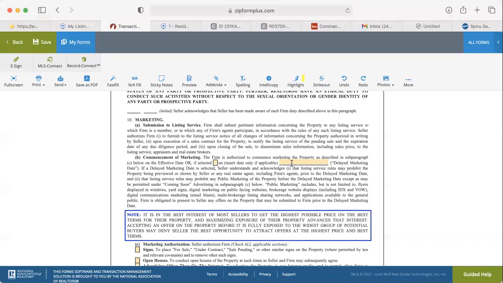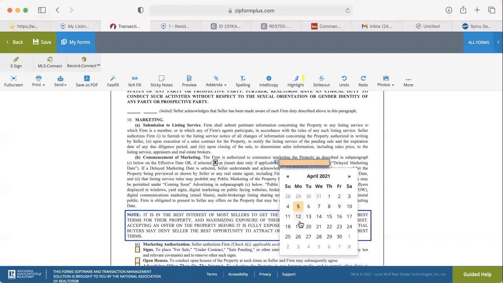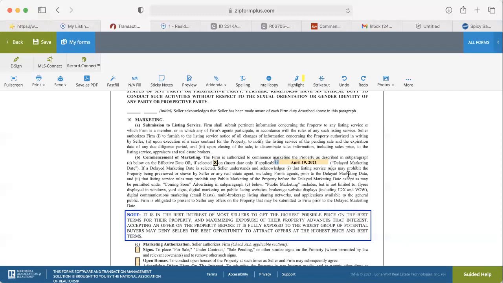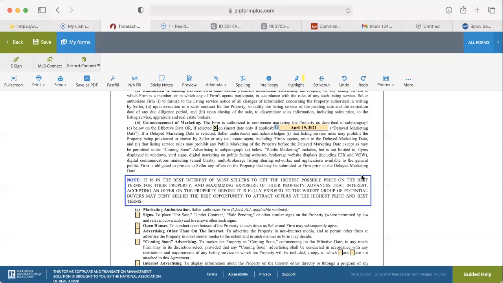Let's say the property was a rental and the seller is finishing up painting and cleaning up. So they say, you know, it's just not going to be ready to be shown for 2 more weeks. So you say, okay, we click this box and then we look at the calendar and we pick a day 2 weeks out. So that would be the 19th that we would start marketing the property. It's totally fine.